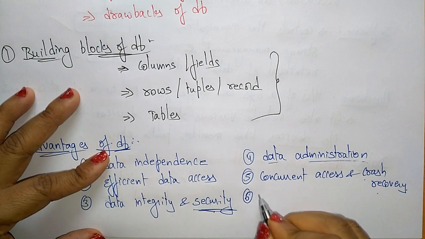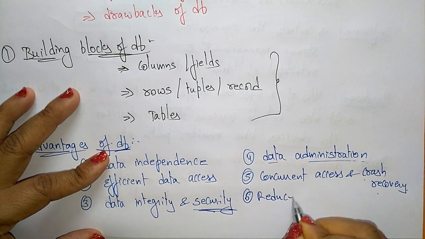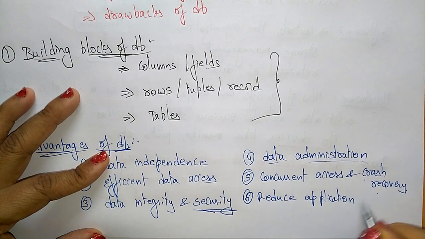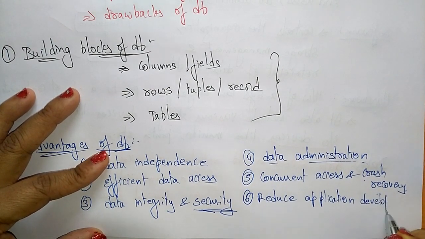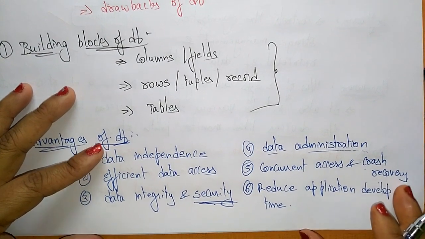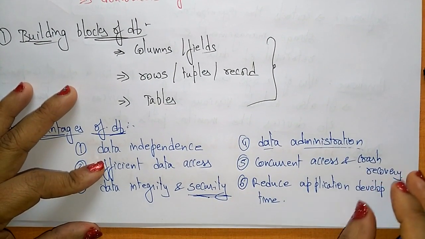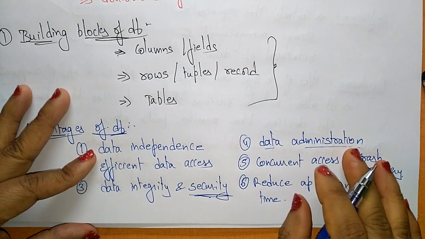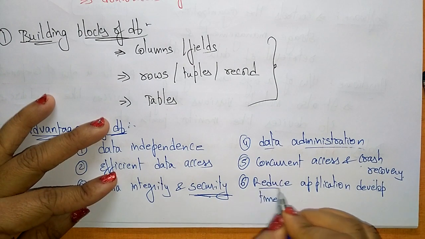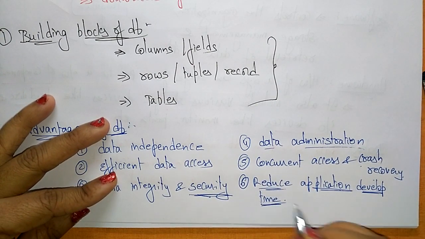Next advantage is reduced application development time. So if you want to implement any product, the main thing is you have to submit that product within a time. So for that, this database may be very helpful because it reduces the application development time.